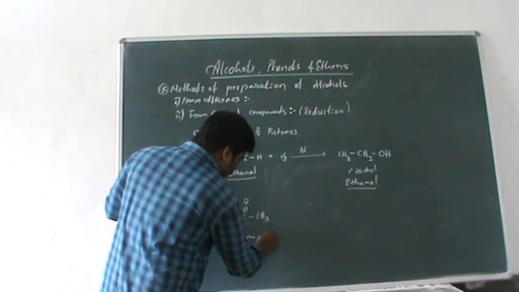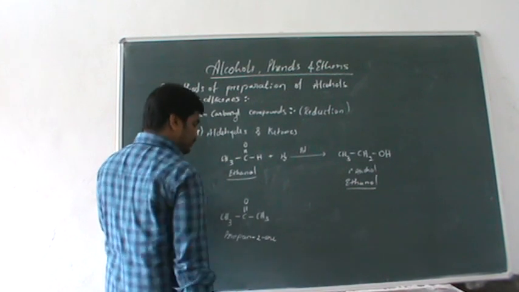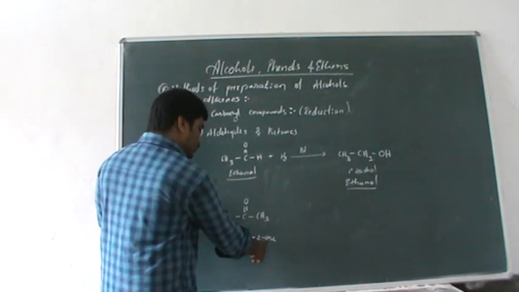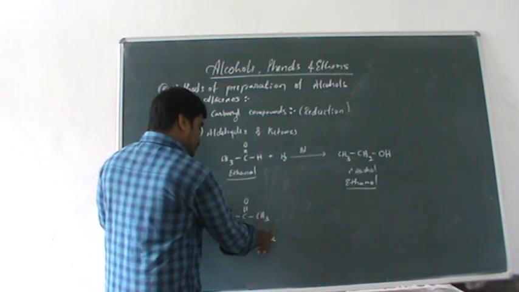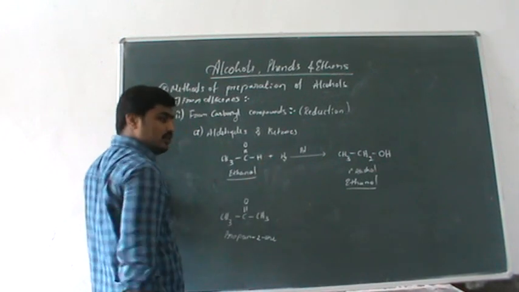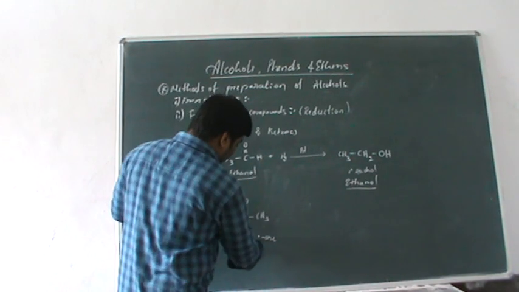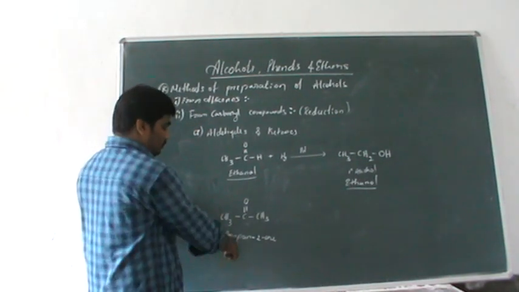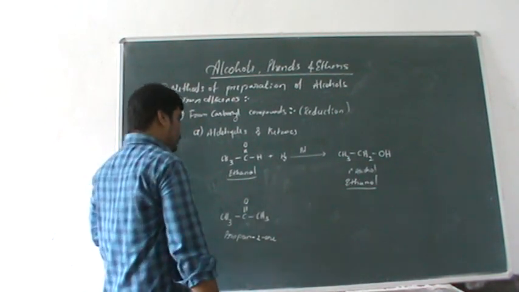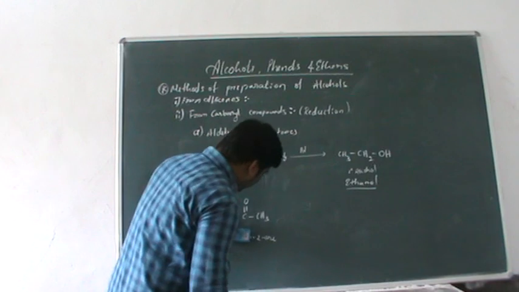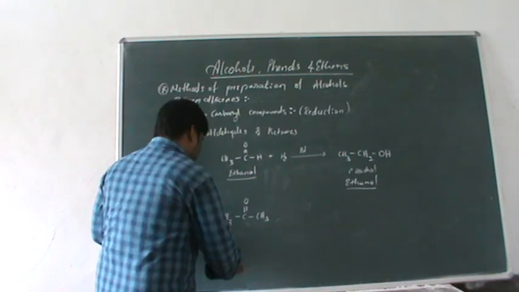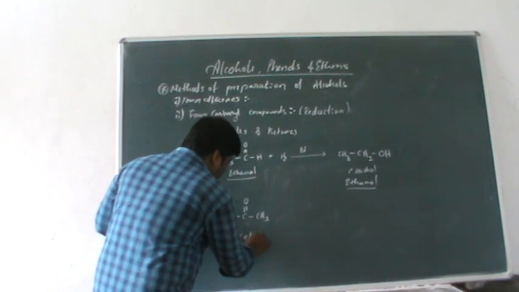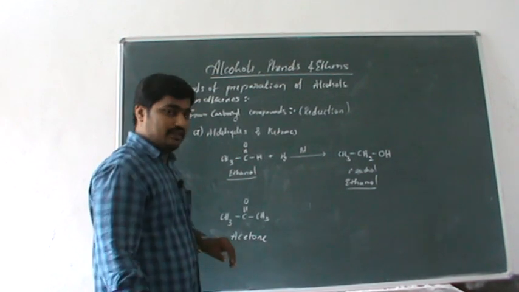It is a ketonic functional group, therefore we use the suffix -one and 2 because of the position. Propan-2-one, or the very familiar common name, acetone.